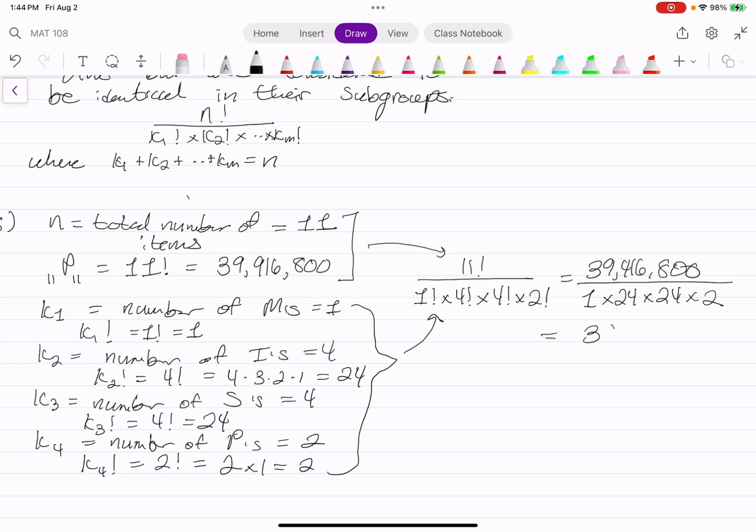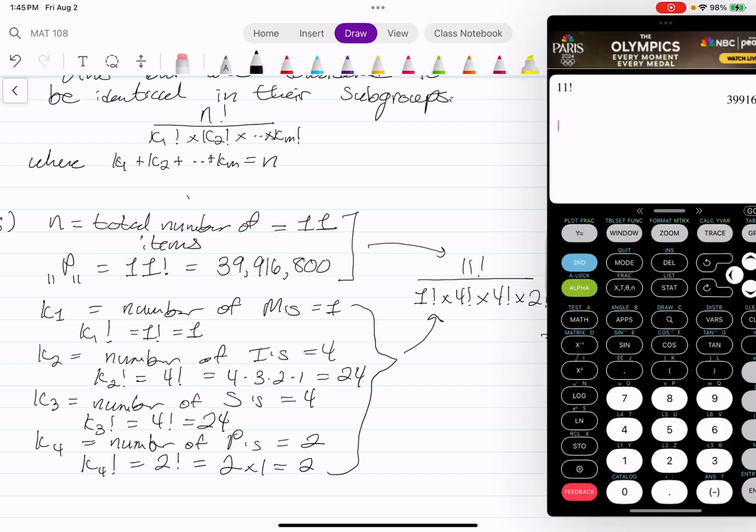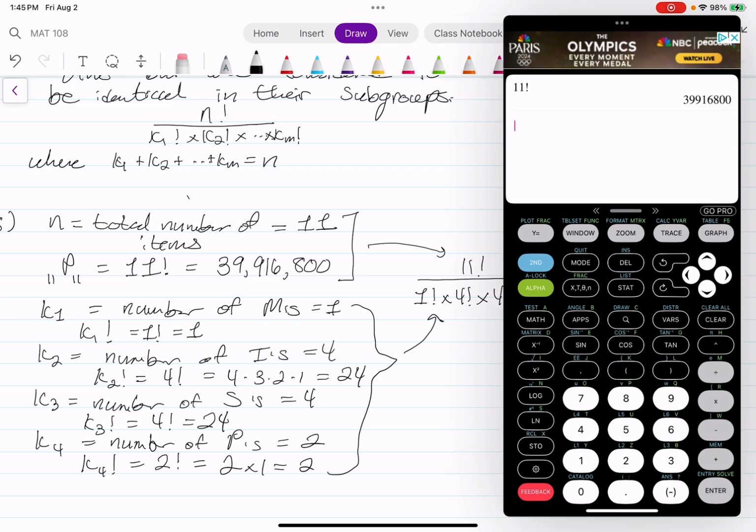So let's multiply our denominator. And that's going to equal 1,152. So let's divide our 11 factorial by 1,152.